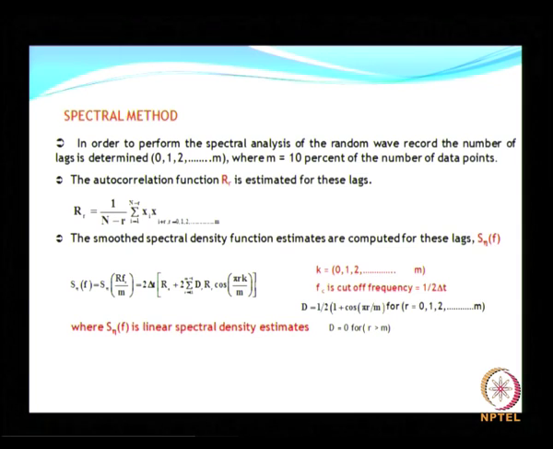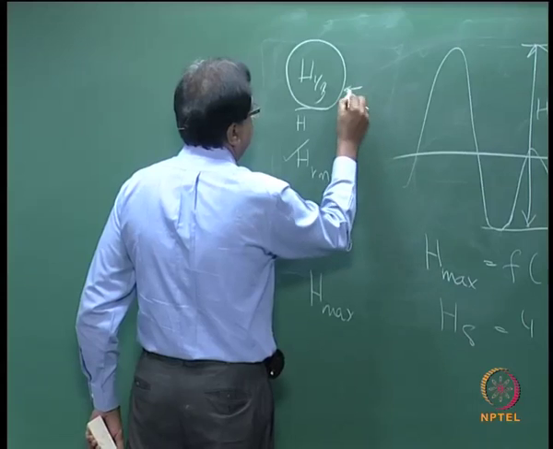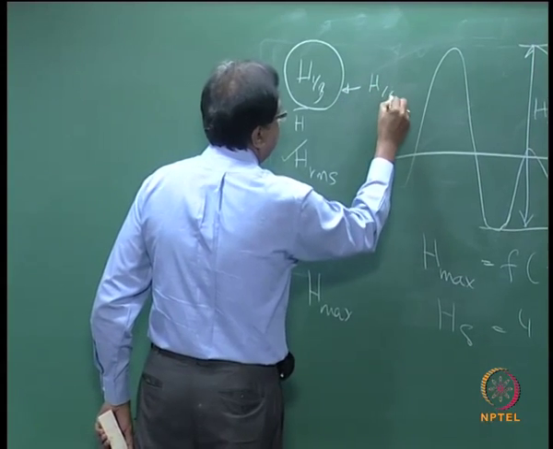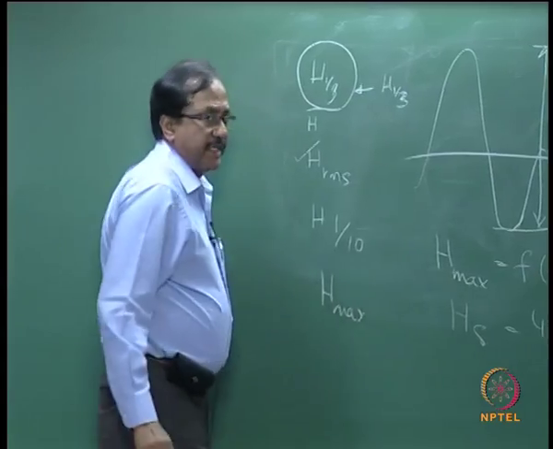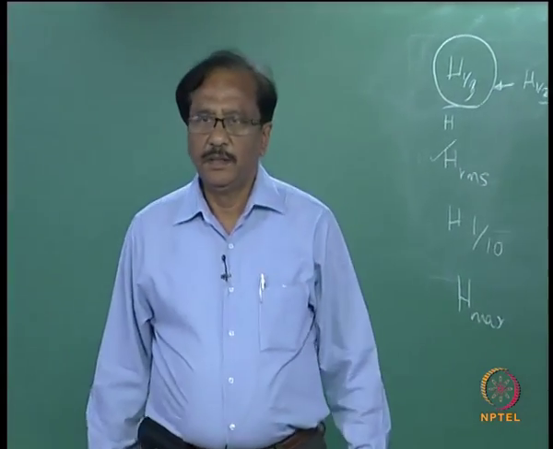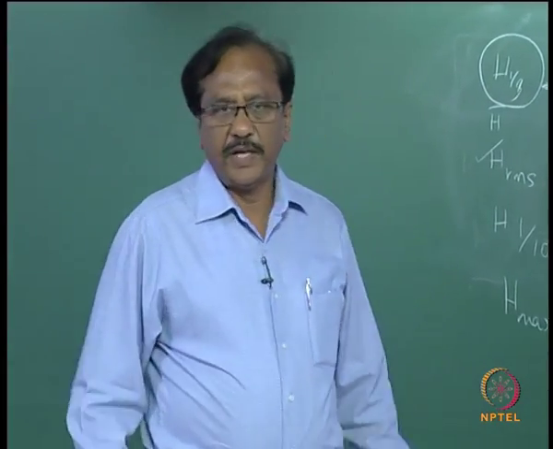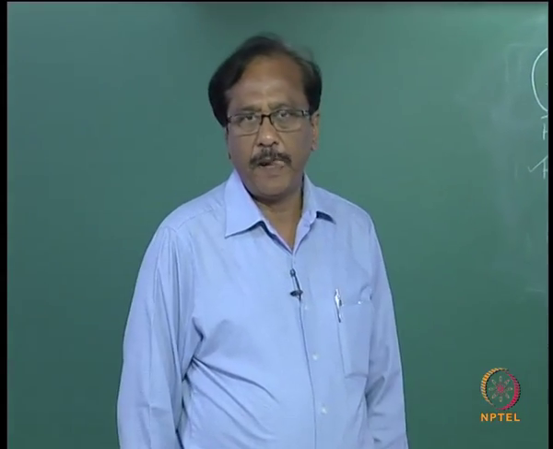That to some extent we have covered the different statistical methods, different parameters under statistical method. So under the statistical method analysis you have H1/3, which is nothing but the average of the highest 1/3 of the waves.